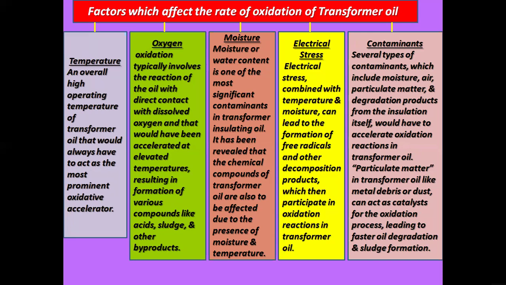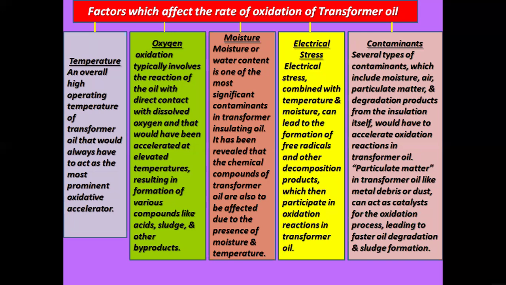An overall high operating temperature of transformer oil always acts as the most prominent oxidative accelerator. 2. Oxygen. Oxidation typically involves the reaction of the oil with direct contact with dissolved oxygen, and that is accelerated at elevated temperatures, resulting in the formation of various compounds like acids, sludge, and other byproducts.